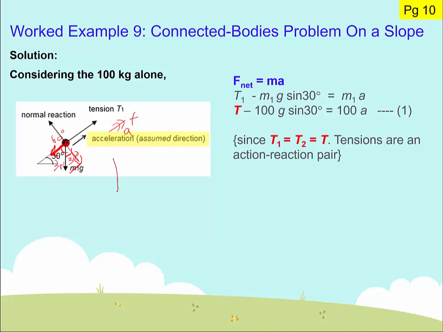So if I redraw the triangle, it will look like this. So this is 30 degrees. This is mg. So I'm interested in this length. This length and this length are the same, right? So this is my mg sine 30. Remember, the one that you resolve must always be the hypotenuse.